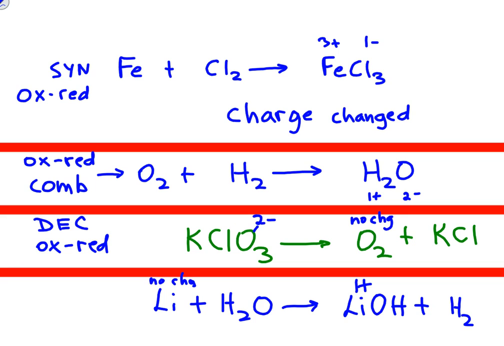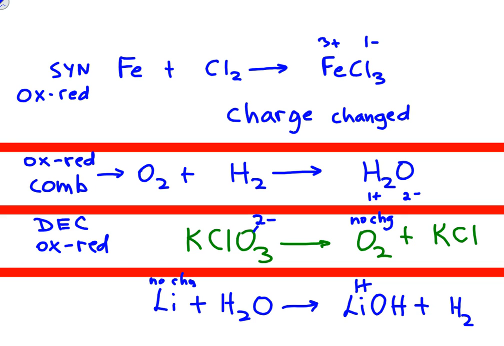Lithium and water giving lithium hydroxide and hydrogen. Do we have an element on either side? What element do we have on the left? It's all alone. What is it? Lithium. Good. What do we have as an element on the right?